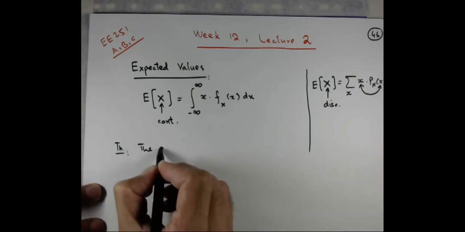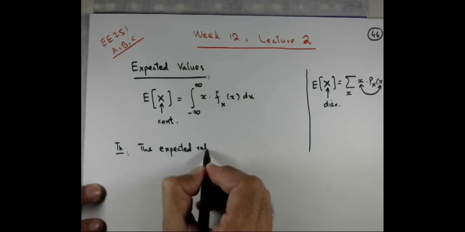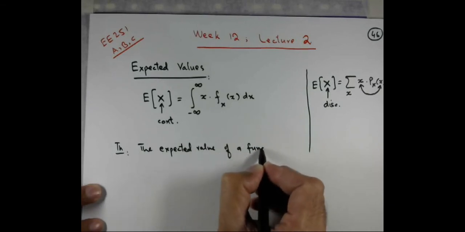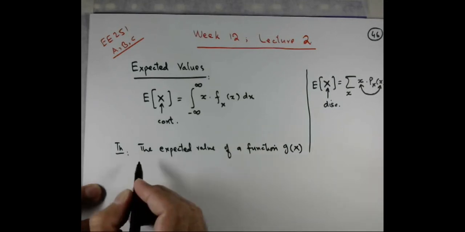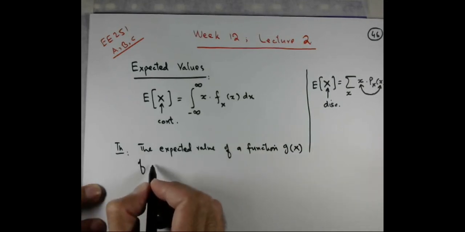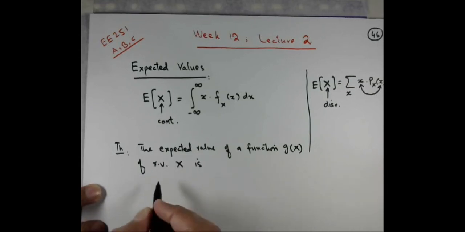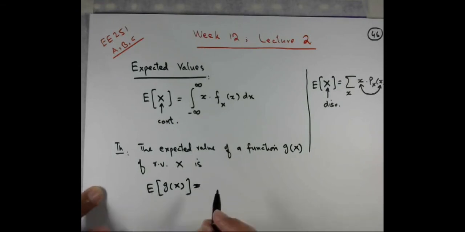The expected value of a function g of x of a random variable x is written as expectation of g of x, and you know the philosophy of how to write the expectation.